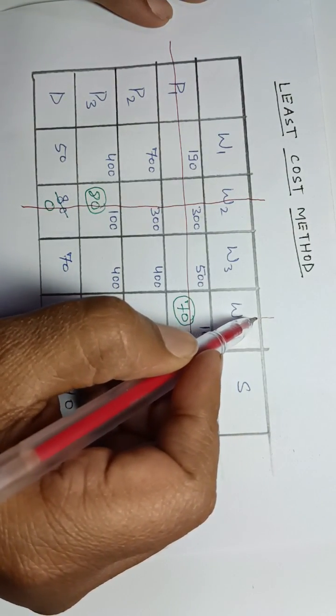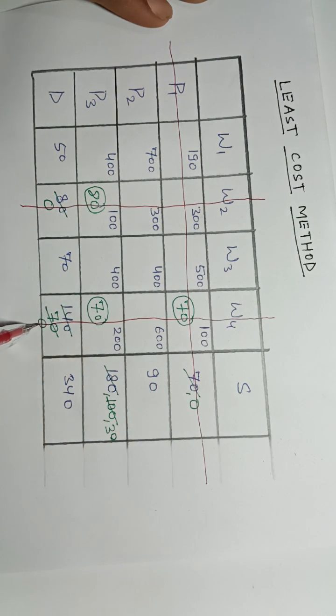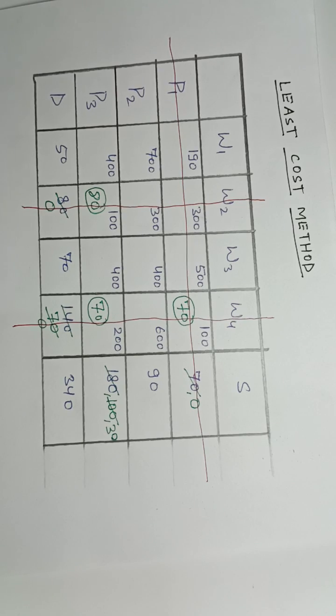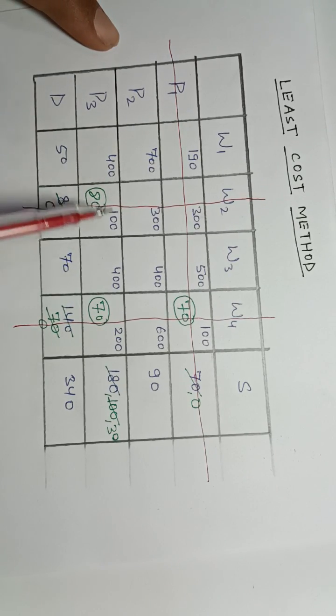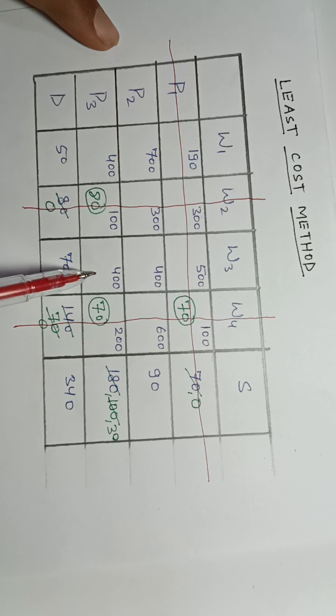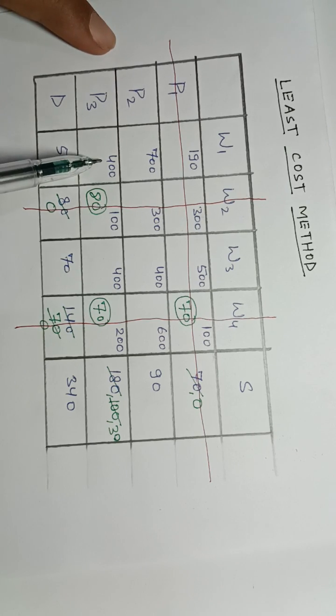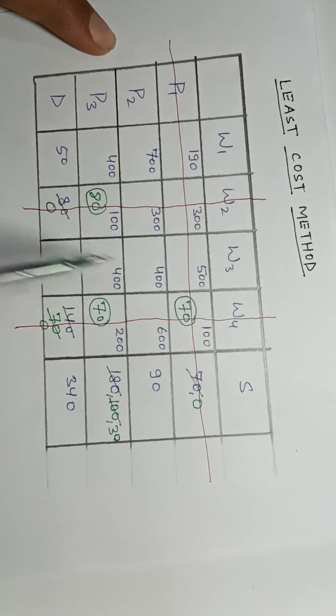We can cover it with a vertical line. Now we have the remaining cells: this one, this one, this one and this one. Among these the minimum is 400 here, 400 here and 400 here.